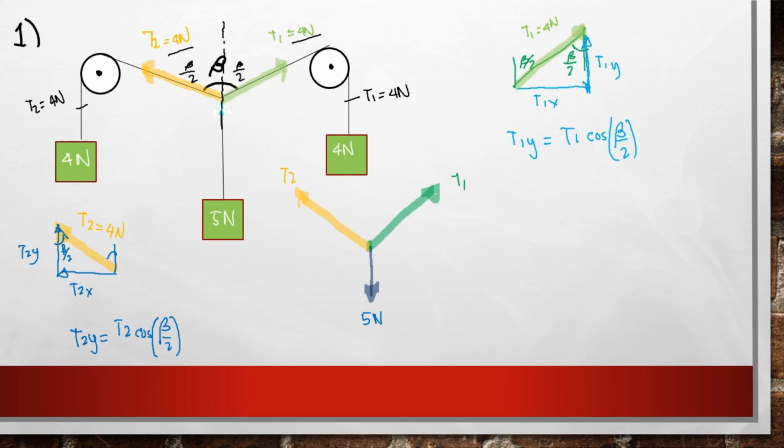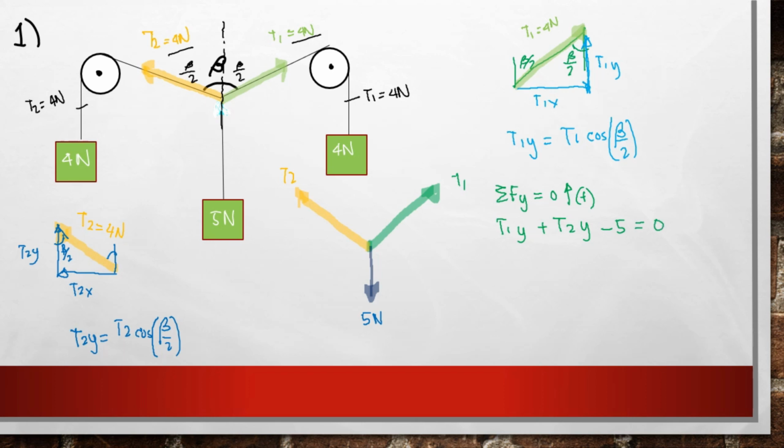Let us try to sum up forces. We say summation of forces at Y is equal to 0, upward to be positive. What are the forces acting upward? That will be T1Y plus T2Y minus 5. We assume that 5 is going downward, and that is equal to 0.